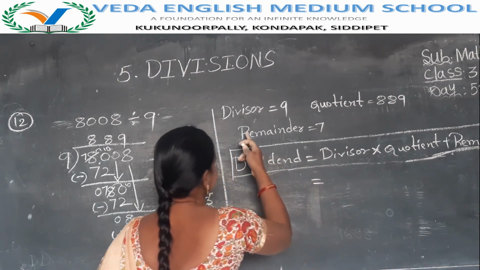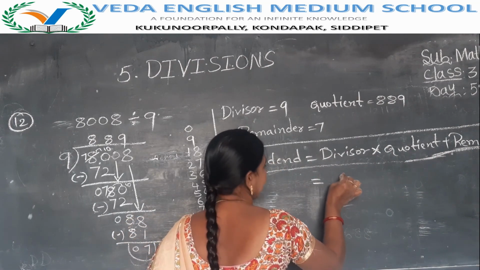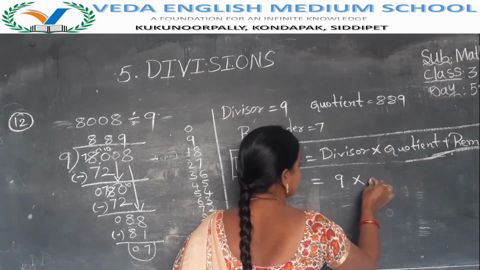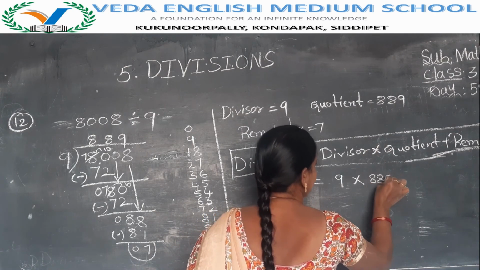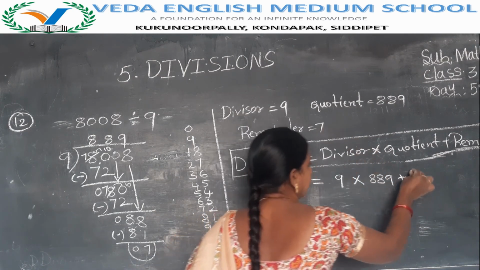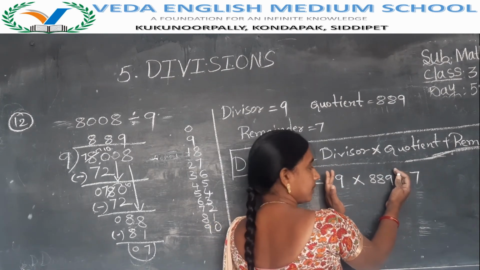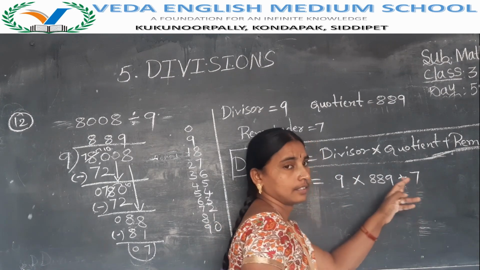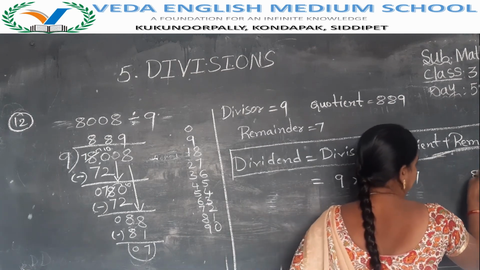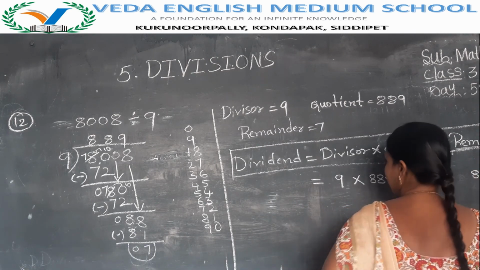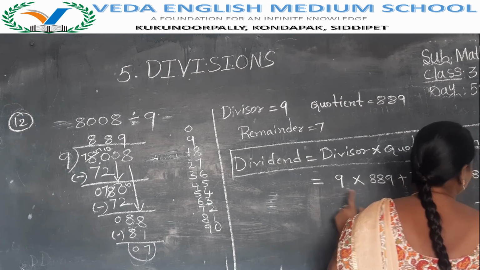So the divisor, what is the divisor here? 9. Quotient 889. Remainder 7. So first of all, multiply these two, after this add. 889 into 9.